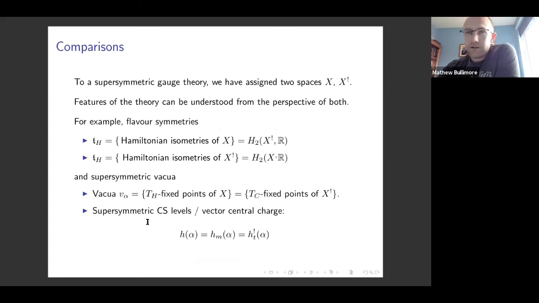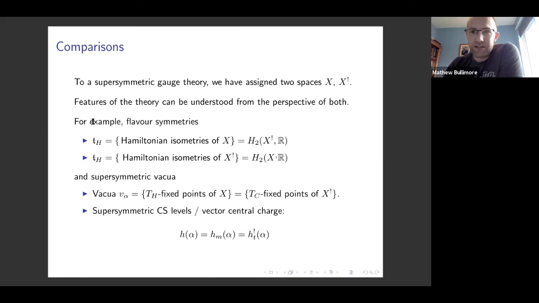First, there's an observation, which is that what we've done is to assign to any supersymmetric gauge theory, 3D N=4, two spaces, the Higgs and the Coulomb branch. And we've seen that many properties of the theory can be understood equally from the perspective of both of them.